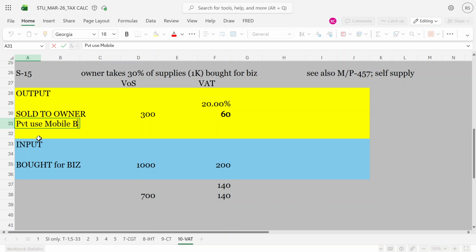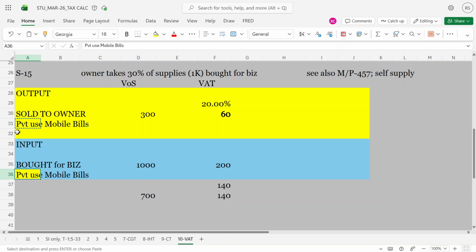mobile bills. So the monthly bill is not for the instrument, the monthly bill is only for the service, right? So private use mobile bills, suppose you have some information that the company pays the mobile bills, that's fine. The company pays the total mobile bill. Okay, so now this should be blue.